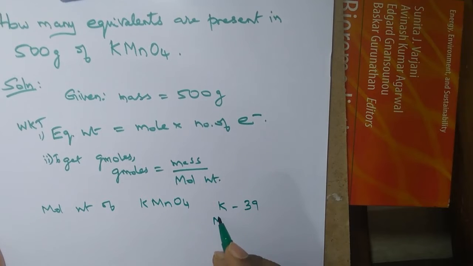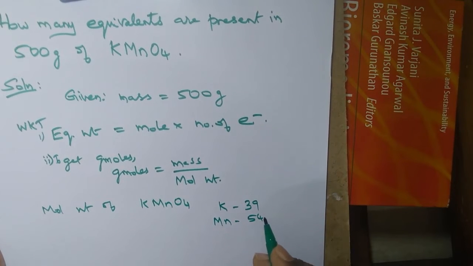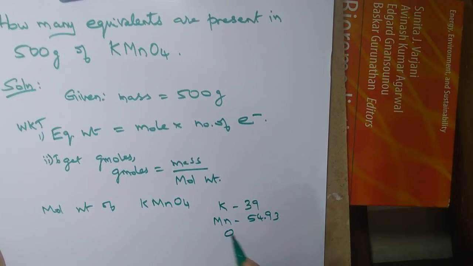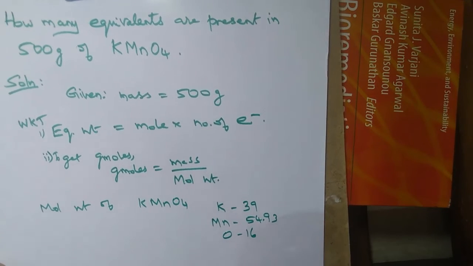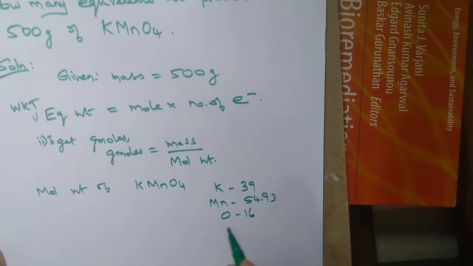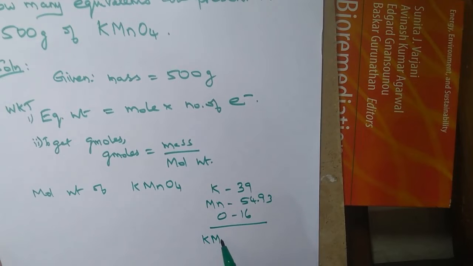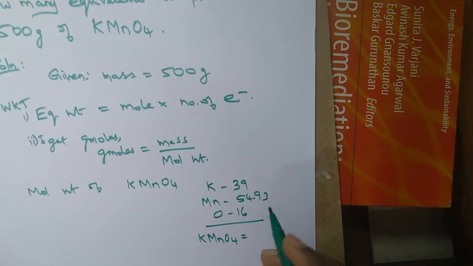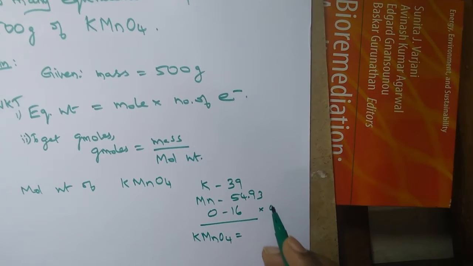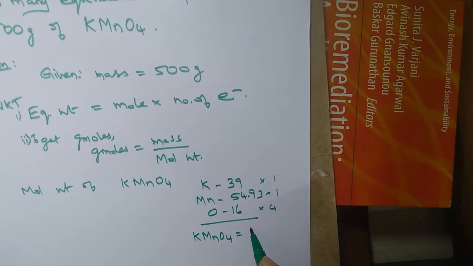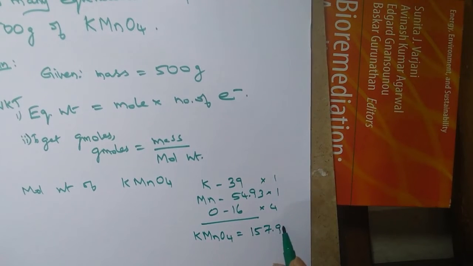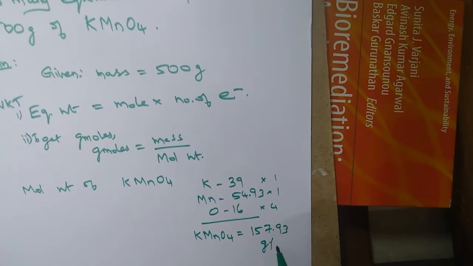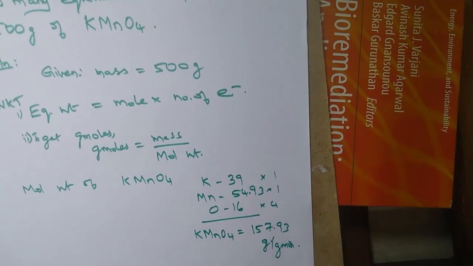When it is an oxygen molecule O2 we have to write 32, but here it is 16. So the molecular weight is 39 plus 54.93 plus 4 times 16, which gives 157.93 gram per gram mole. We have done it in detail in previous problems, that's why I have done it directly.